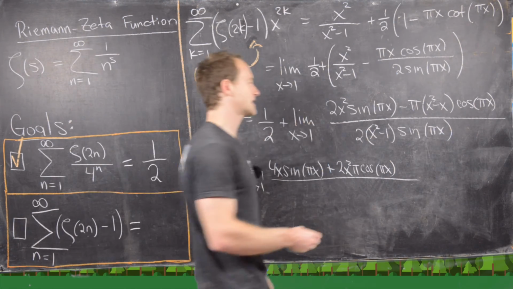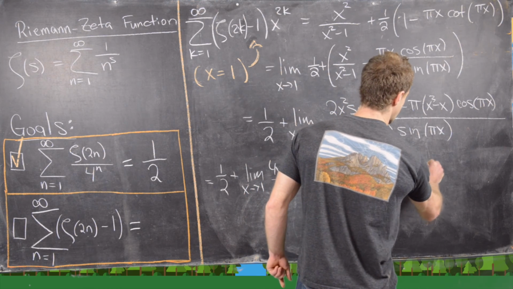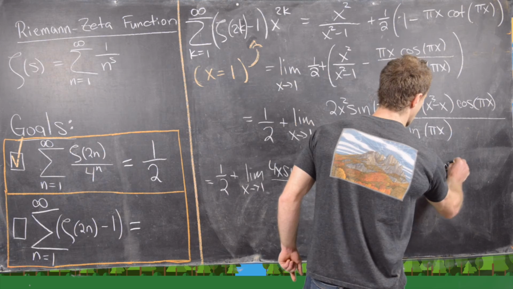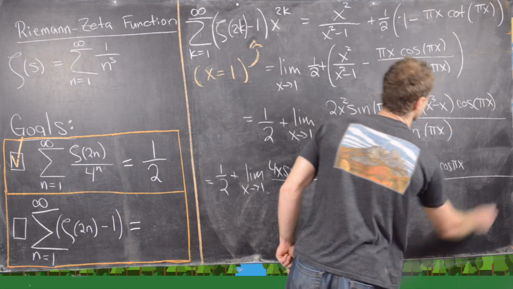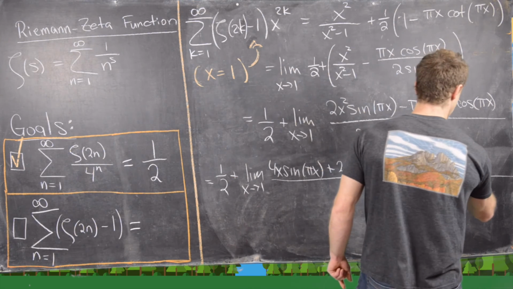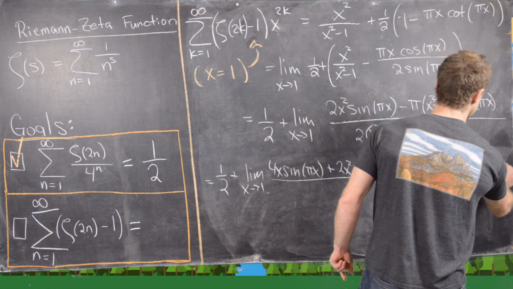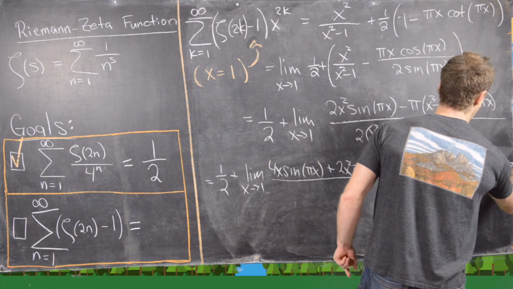And then for my next term, this is going to be minus pi times 3x squared minus 1 cosine pi x. Great. And then I'll have plus pi squared times x cubed minus x times sine pi x.